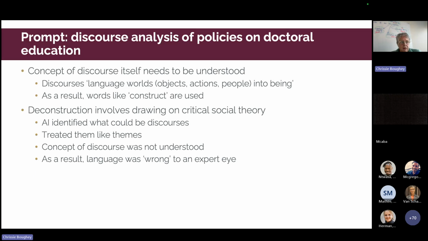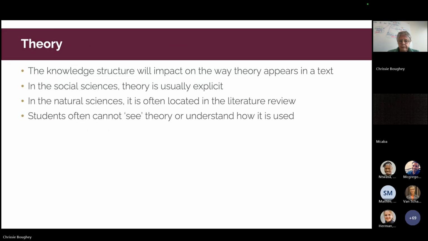It needed more work linguistically to get the language right, to use words like construct. It needed to bring more critical social theory in, but broadly it had identified some sets of ideas that could be identified as discourses. So it was useful, yes, but I would not have submitted that. Not perfect by any means.